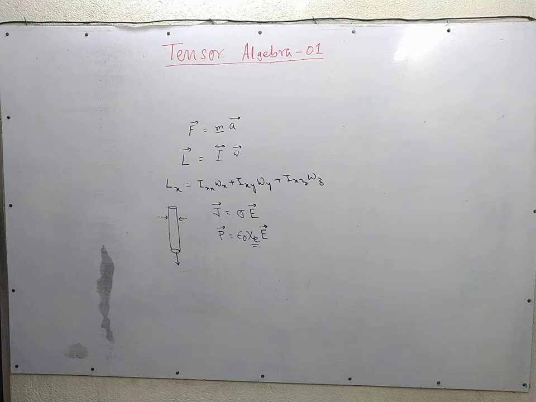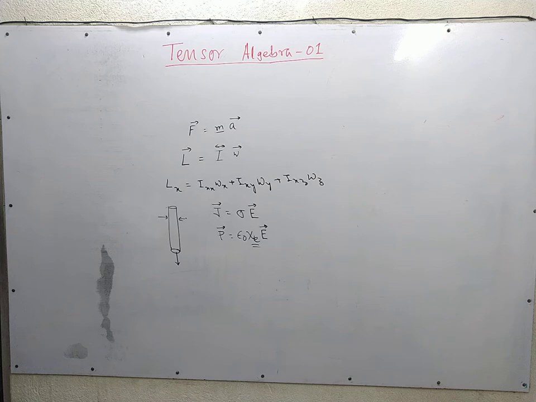For example, if we want to discuss general relativity, then the curvature tensor is a tensor of rank 4. So with this introduction, we will now introduce ourselves with the definition of tensor.